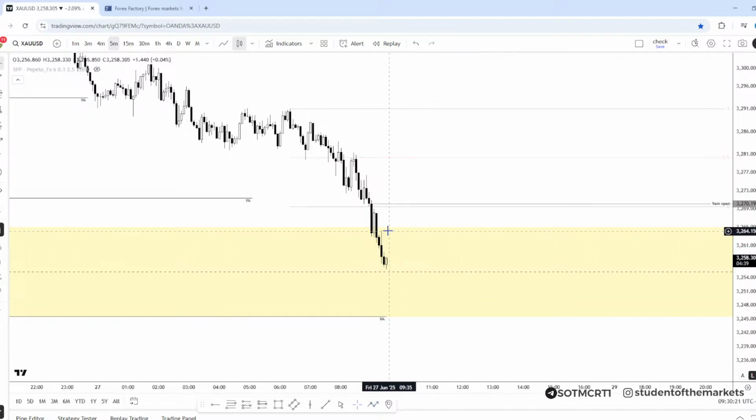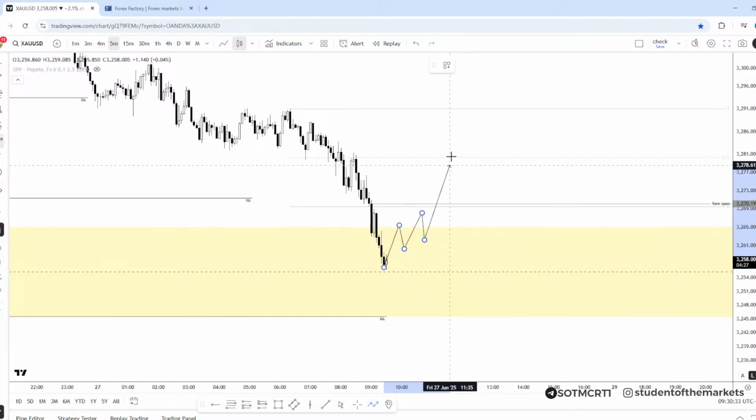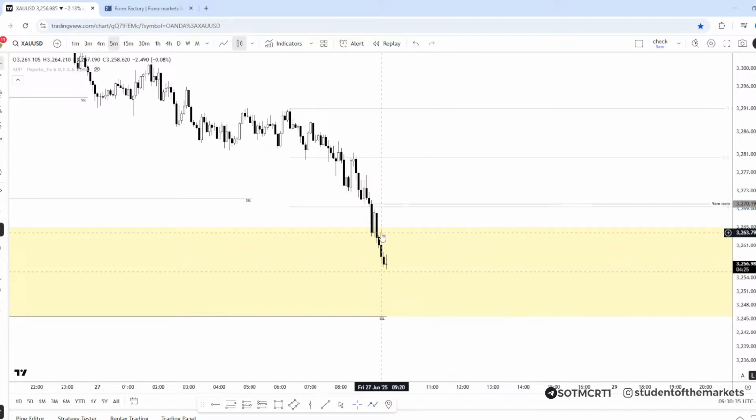Because right here we have a short-term high, so if we break that, then we can see if we have any bullish PD array inside here, and then eventually we can look for something to the upside. Or if price just continues pushing to the downside, then I wait for something like this. We'll see if price will manage to break this short-term high.